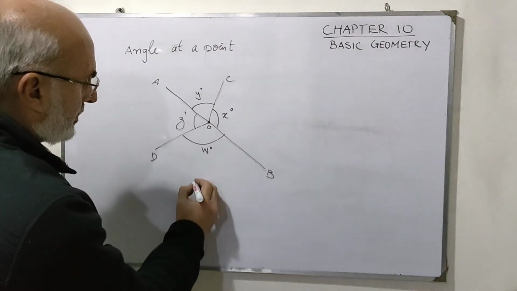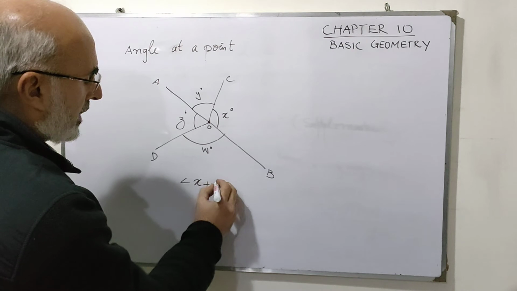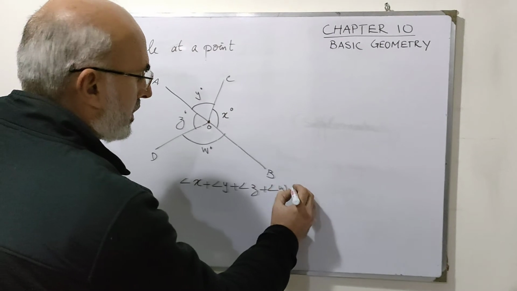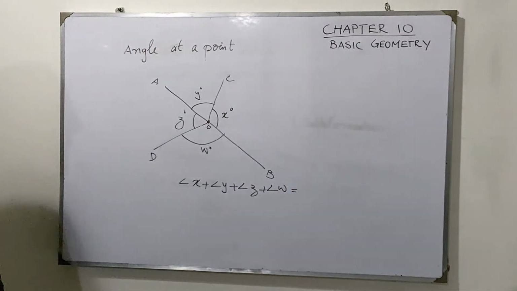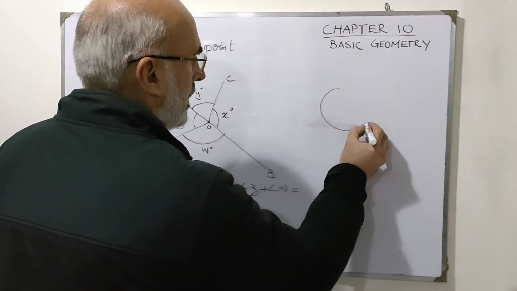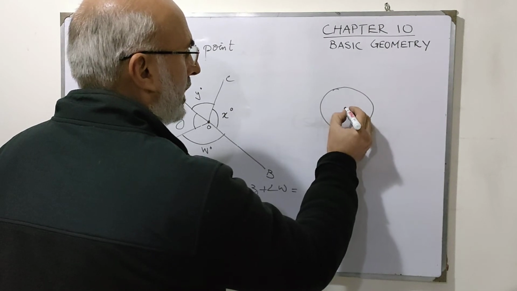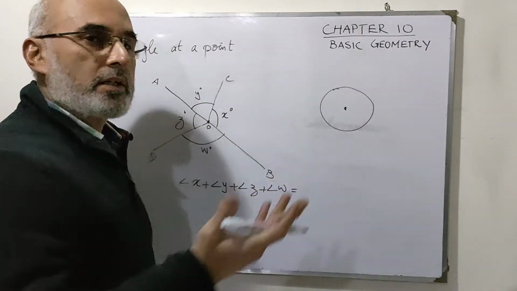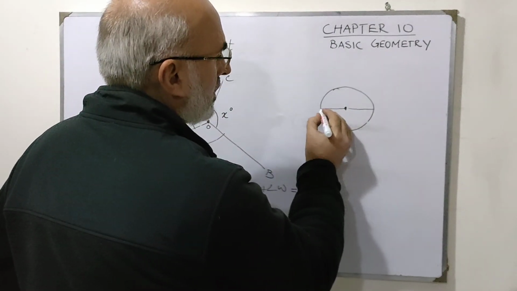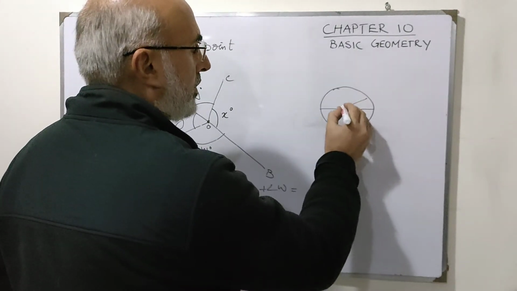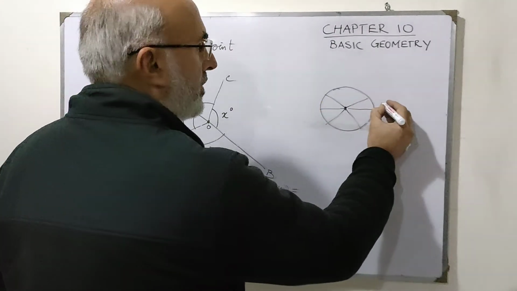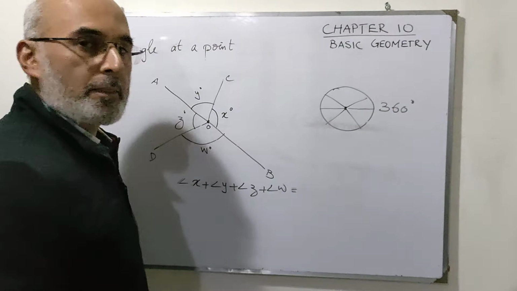So the sum of angle X plus angle Y plus angle Z plus angle W is going to be what? It's just like this. If we have a circle, and the center of the circle, and from this, if we see what angles we can have, the maximum angle this circular thing is going to give us is 360 degrees.